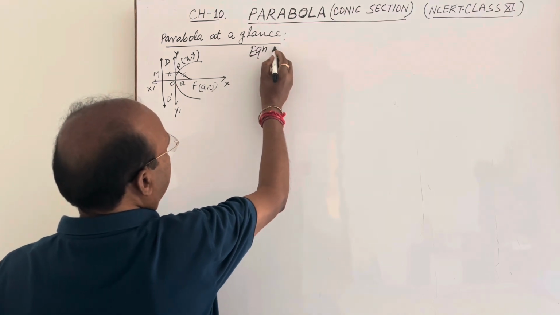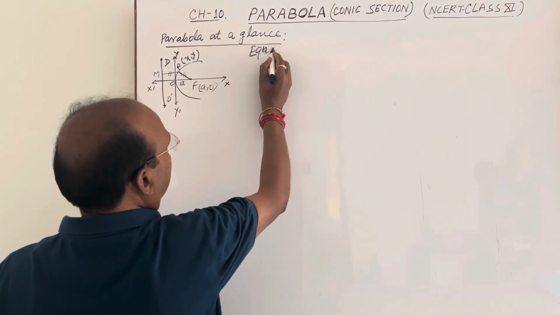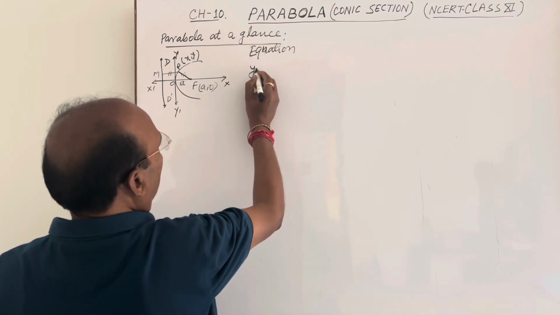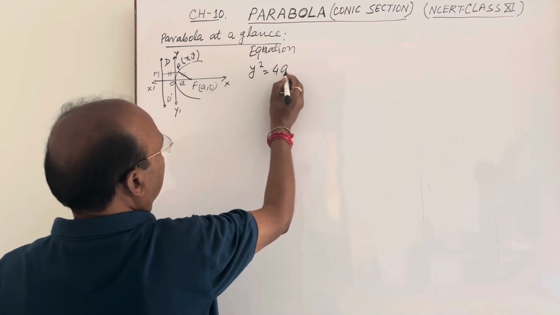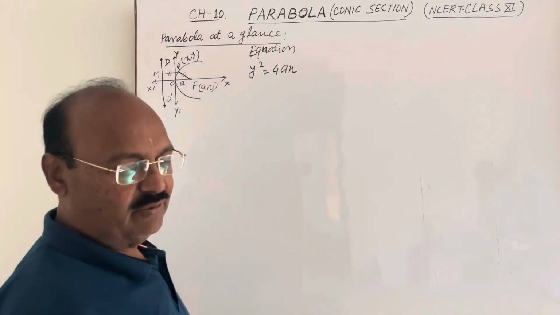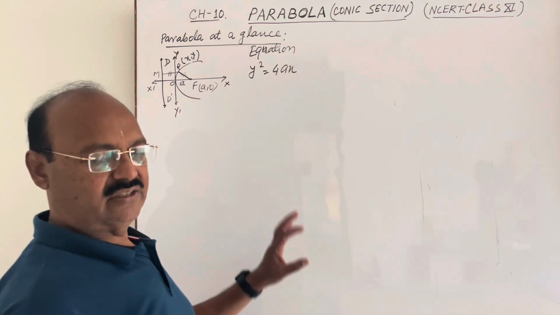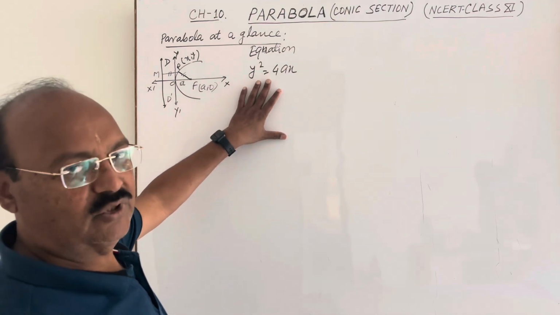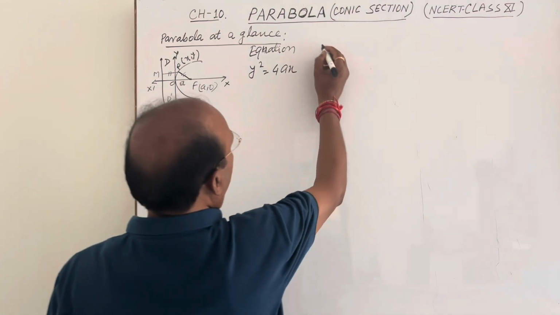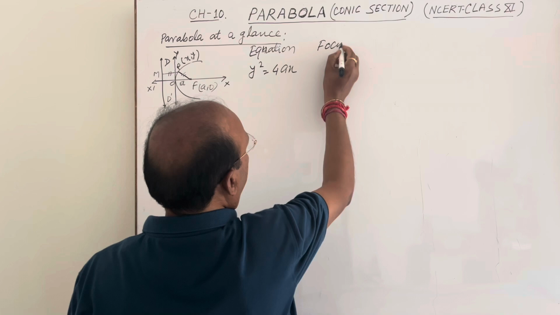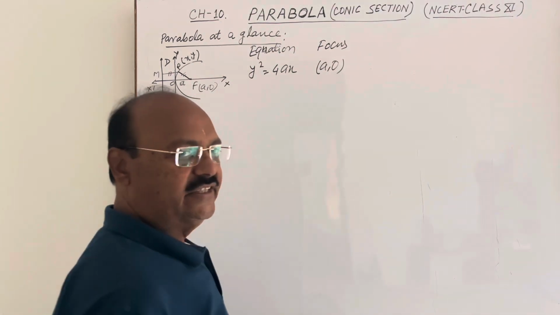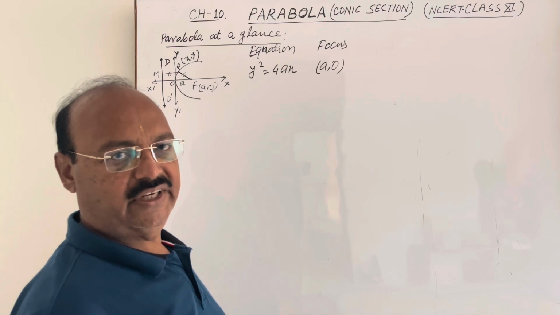So what is the equation of the parabola? We have already discussed. Equation of this parabola will be y square is equal to 4ax. Just we are summarizing here. This is the equation of the parabola. And what are the coordinates of focus? Coordinates of focus will be A, 0.